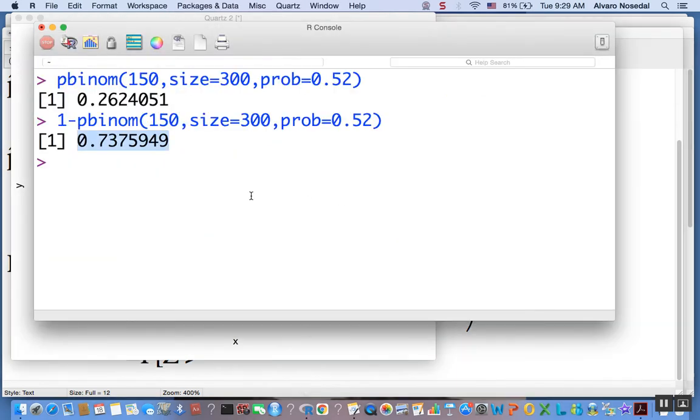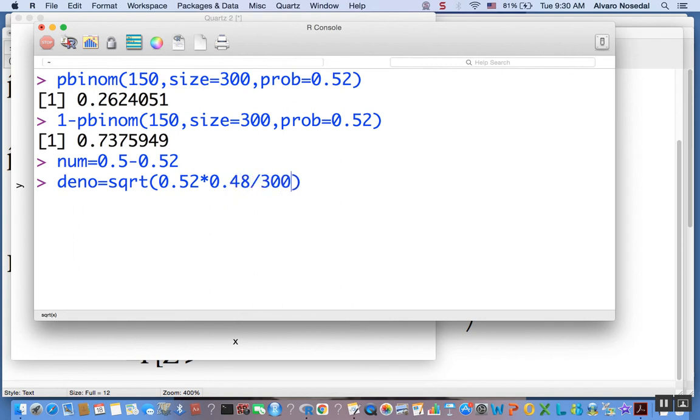So what we need is a numerator 0.5 minus 0.52, denominator square root of 0.52 times 0.48 divided by 300, right? And then numerator divided by denominator.